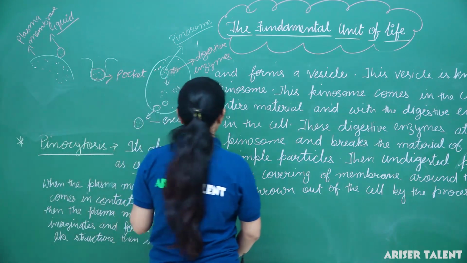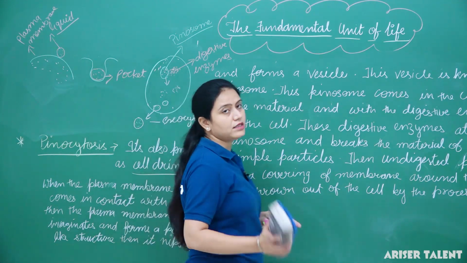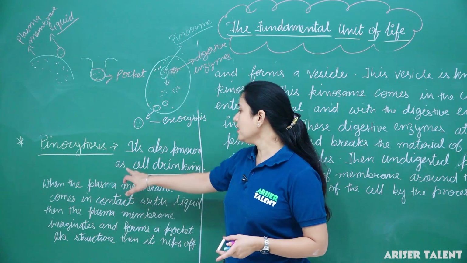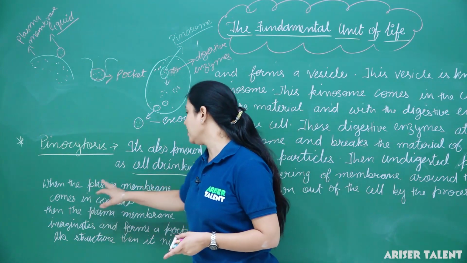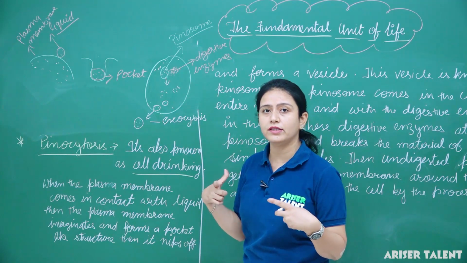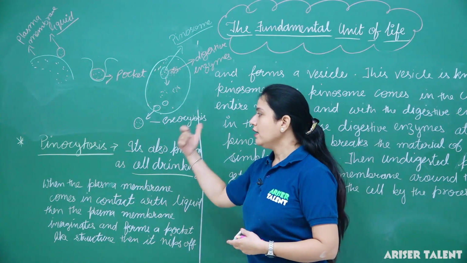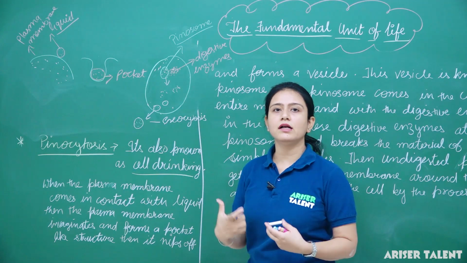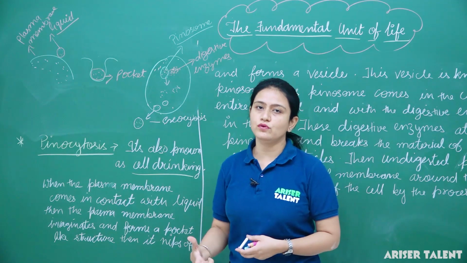In that process, the difference is that in pinocytosis the plasma membrane comes in contact with liquid material, and in phagocytosis the plasma membrane comes in contact with solid food particles.